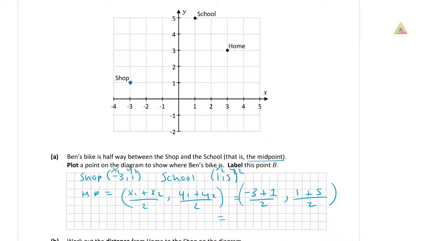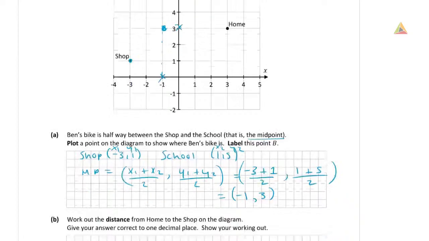So minus 3 plus 1 is minus 2. Minus 2 divided by 2 is minus 1. 1 plus 5 is 6. 6 divided by 2 is 3. That's your midpoint, minus 1 and 3. So we'll go to where minus 1 is on the x-axis, which is here, and go to where 3 is on the y-axis, which is here. So we'll just join these up. So this is your midpoint there, and that looks like it is correct.